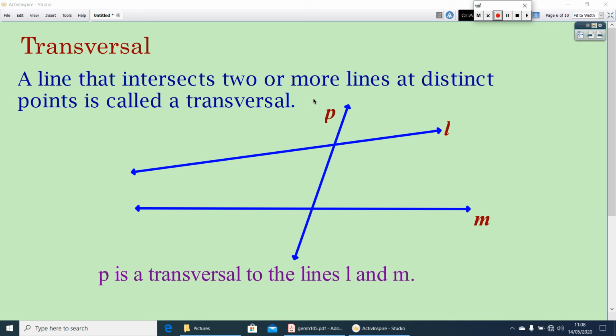Then it is intersected by a line P. So here P intersects at 2 points, so we can call P a transversal. That is, P is a transversal to the lines L and M.